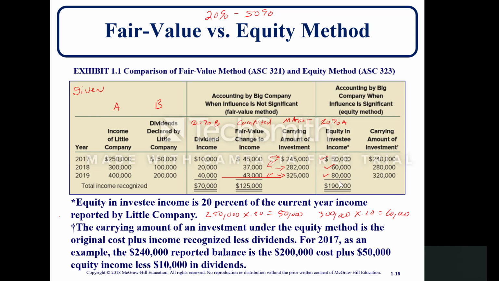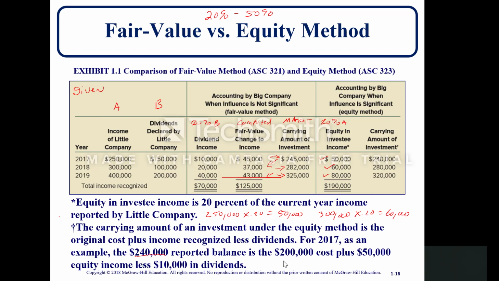Now the carrying amount of investment is a little more complex. Down here, they explain it, telling you the carrying amount of the investment under the equity method is the original cost plus income recognized less the dividend. For 2017, they recorded 240,000.